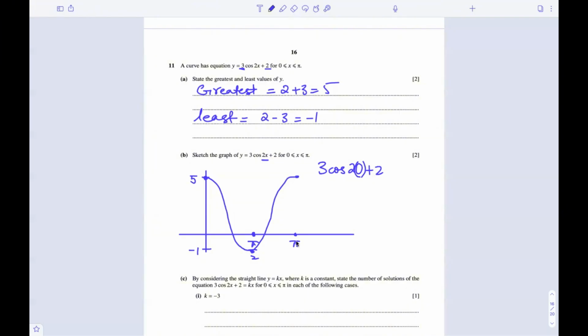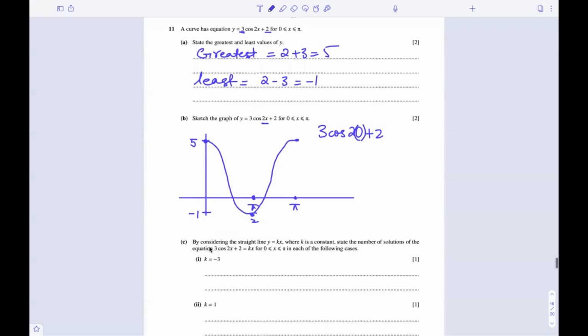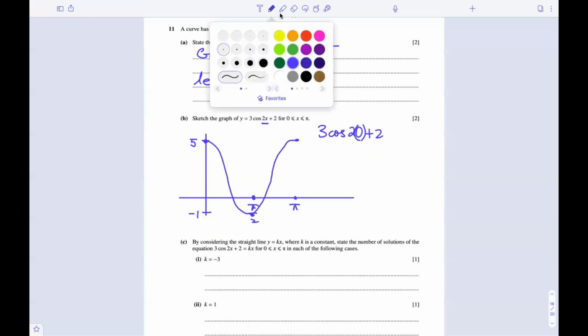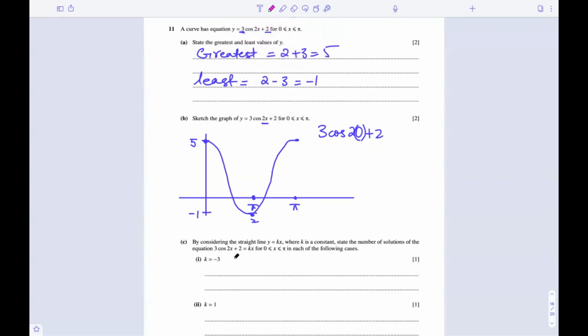Now in the next part, by considering the straight line y is equal to kx, we have to state the number of solutions of the equation. The number of solutions means the points at which the line and the curve will intersect. So when k is equal to -3, the equation is y is equal to -3x. First of all, we'll construct the line y is equal to -3x. Roughly, let's take x equal to -1, so y will be +3.